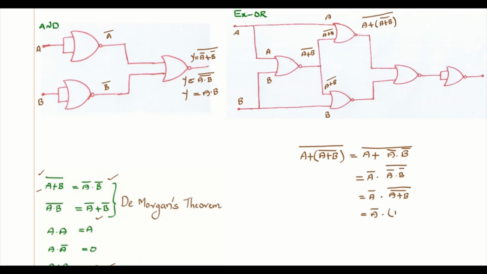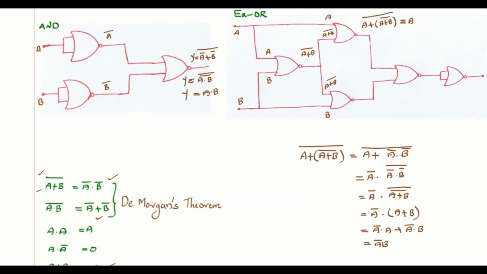Again we can simplify this as A complement dot A plus B complement complement, which is nothing but A complement dot A plus B, and it simplifies to A complement dot A plus A complement dot B, which is nothing but A complement B, since A complement dot A equal to 0.